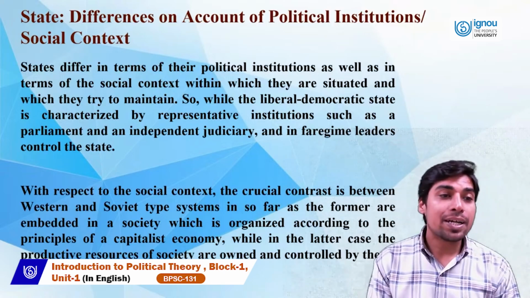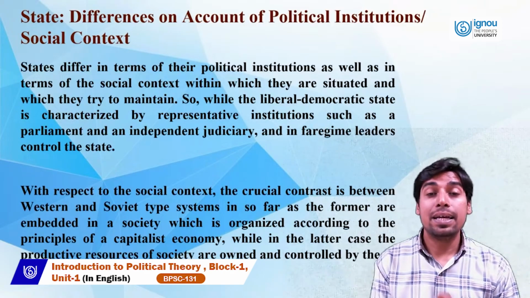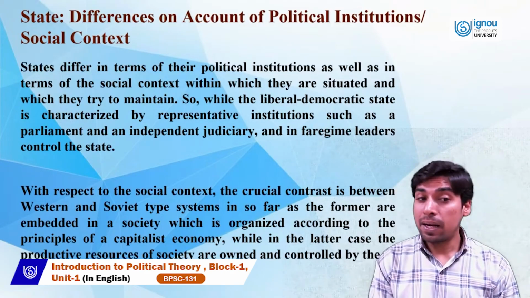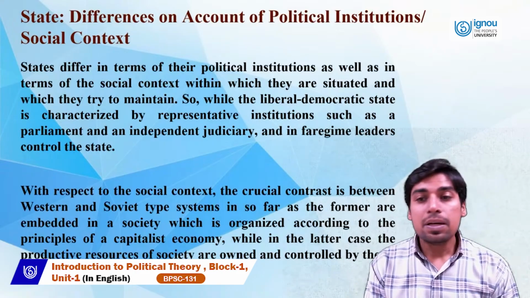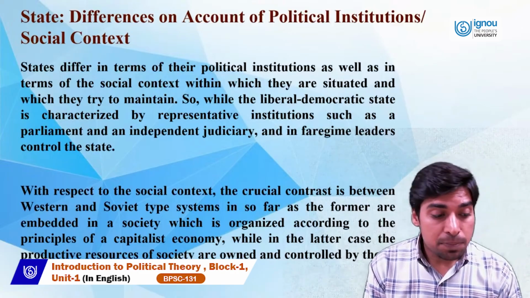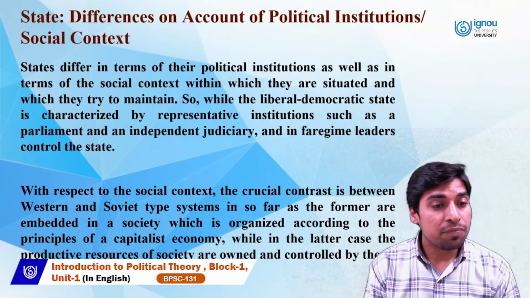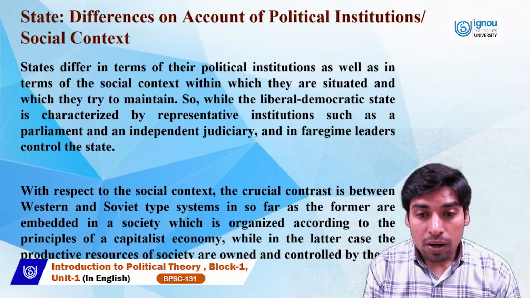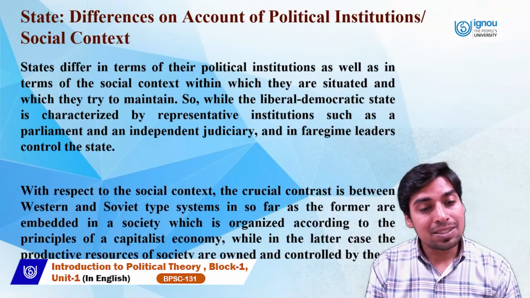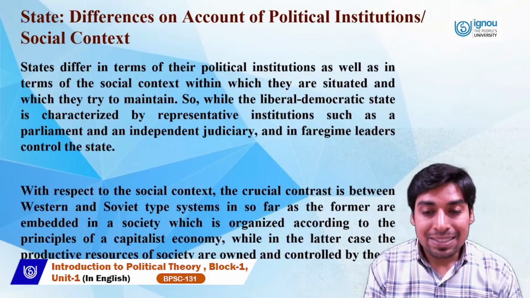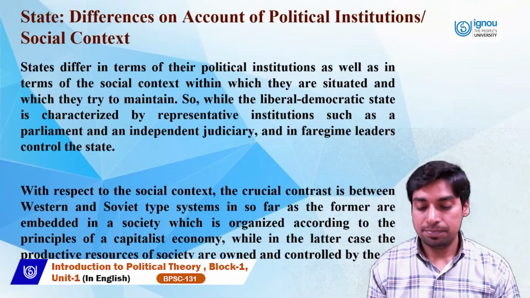So, while the liberal democratic state is characterized by representative institutions such as parliament, as in India, and an independent judiciary, and free elections, the crucial contrast is between Western and Soviet type systems insofar as the former are embedded in a society organized according to the principle of a capitalist economy, while in the latter case the productive resources of society are owned and controlled by the state.